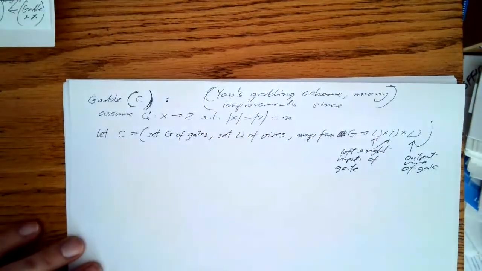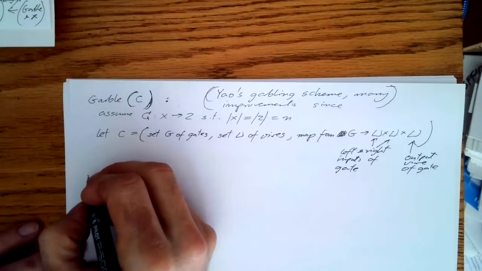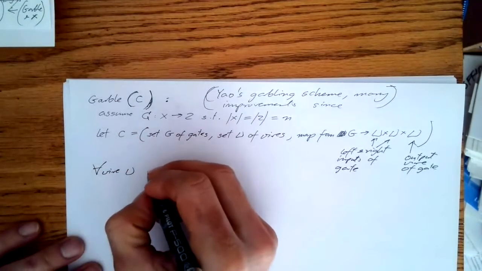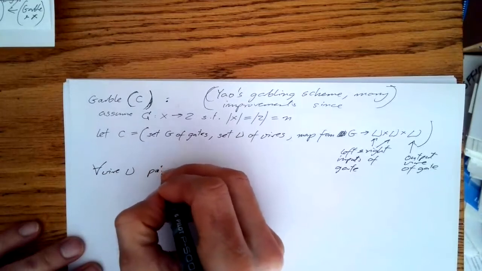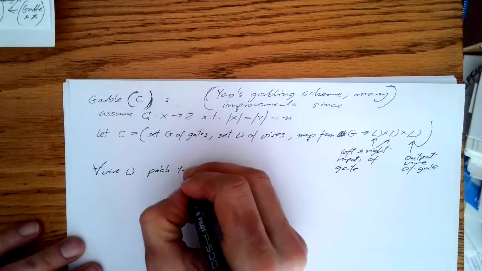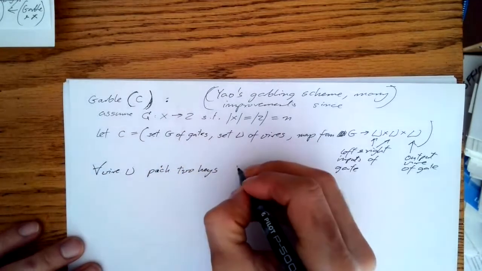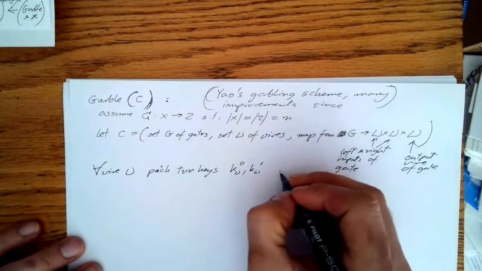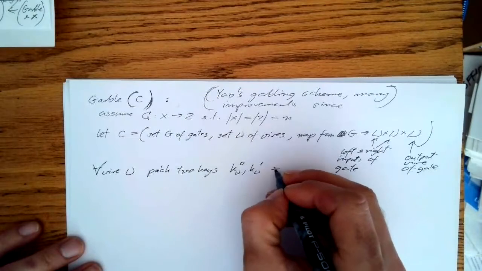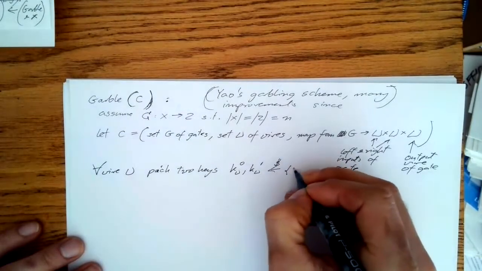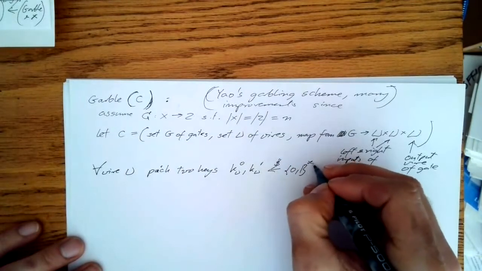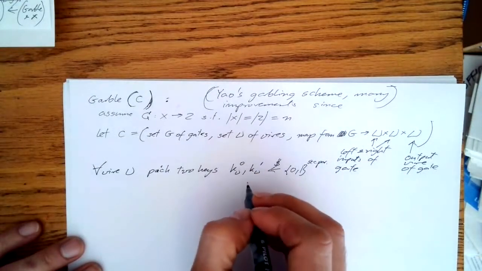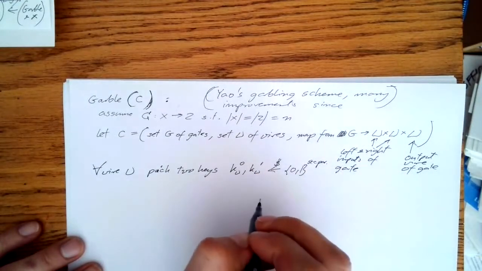Okay. So now Garble is going to do the following. For each wire W, pick two keys, KW0 and KW1, both random keys. Okay, the length is the security parameter.